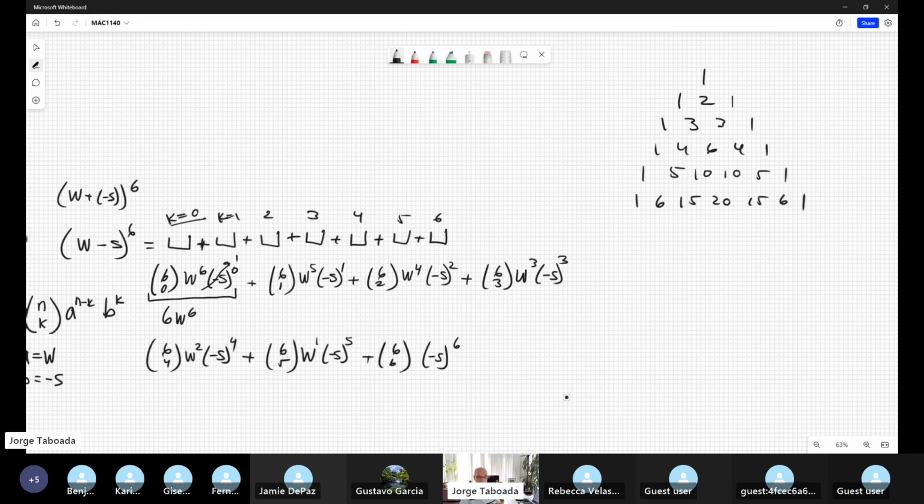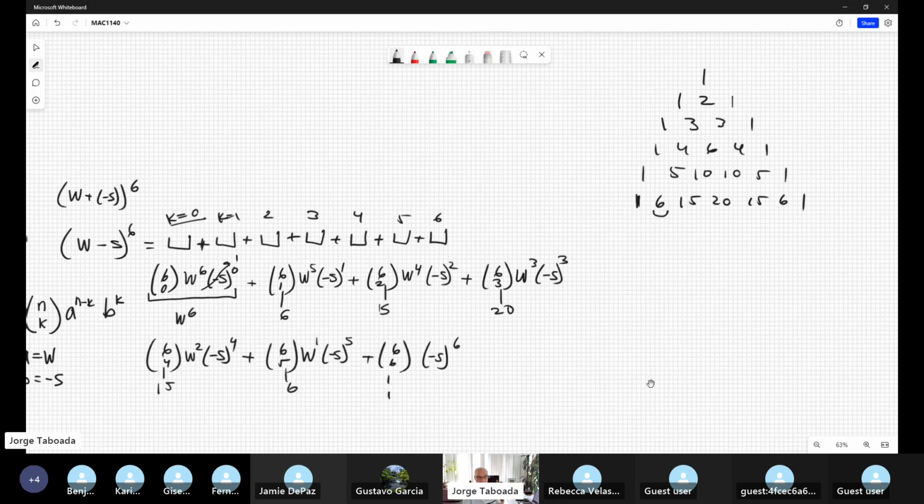This coefficient is 1. It's W6. The second coefficient is 6. This is 6. This coefficient is 15. This coefficient is 20. This coefficient is 15 again, the symmetric. This coefficient is 6 and this coefficient is 1.